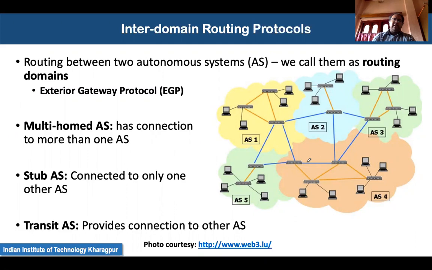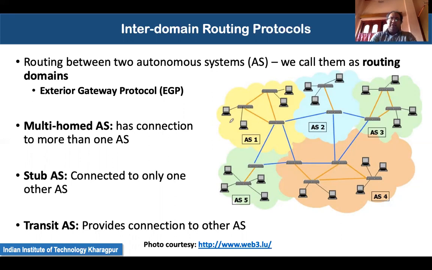Whenever you are sending a packet from a source to a destination, the source resides in one autonomous system and the destination in another. How the packet is forwarded within an autonomous system is decided by your intra-domain routing protocol, that is OSPF or RIP, whatever the autonomous system administrator has set up.